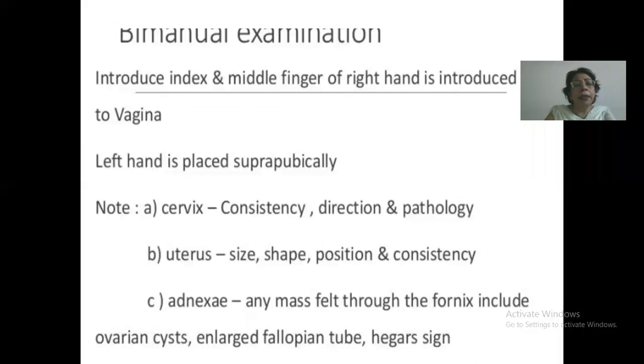Now, in a bimanual examination, again, we did it for eliciting the Heger's sign and other signs. You introduce the index and the middle finger of the right hand in the vagina, and left hand is placed suprapubically. And you note the cervical consistency, direction, and pathology, uterus size, shape, position, and consistency. Adnexa, any mass felt through the fornix, includes ovarian cysts, enlarged fallopian tube, and also to elicit the Heger's sign, as I told you before.